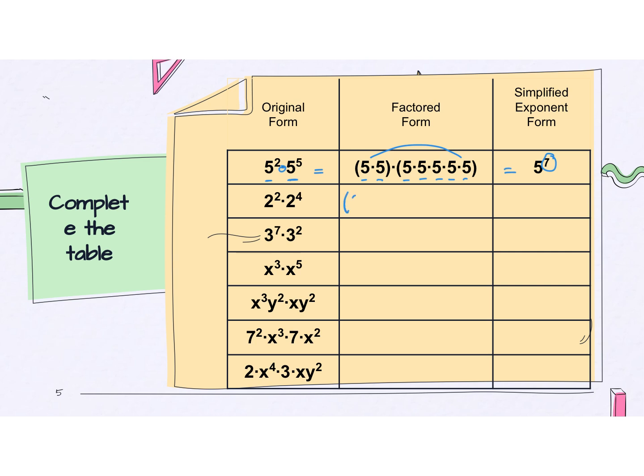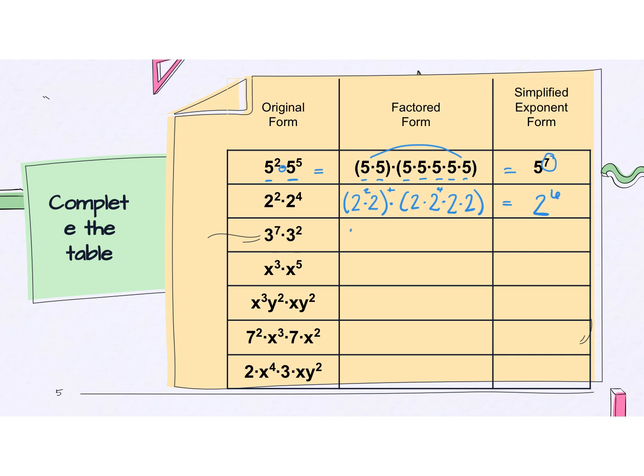So let's expand it out one more time into our factored form. So I have 2 to the power of 2, that's 2 times 2. And then I have 2 to the power of 4, so that's 4 2s. And then I want to know, how many 2s do I have in total? Well, I have 2 and I have 4, so 2 plus 4 is 6.